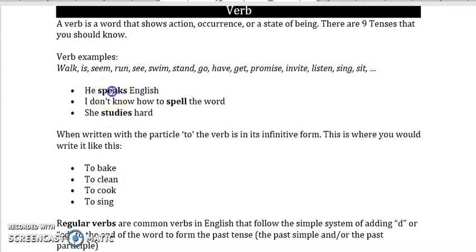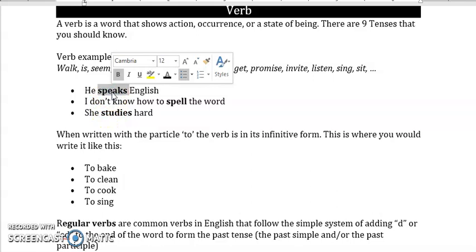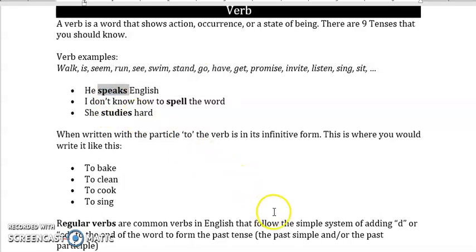When you see the words here, it actually shows, dia sebenarnya menunjukkan, the sentences are in simple present tense.